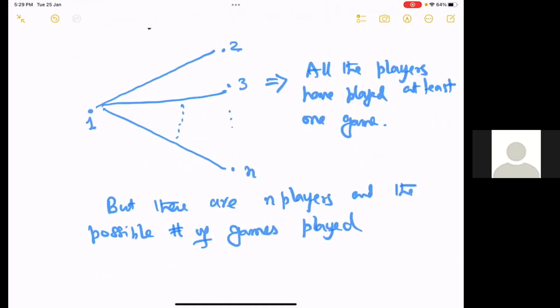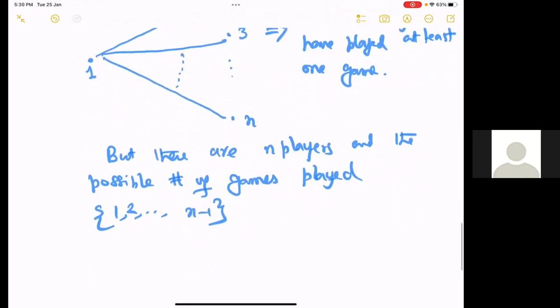So the possible number of games played is 1 to n minus 1. So there are n players, and everybody played one of the numbers of games between the set 1 up to n minus 1. Is there any chat? No. So that means it clearly shows that in this situation, there exist two players who have played the same number of games, right? Again, by the pigeonhole principle.